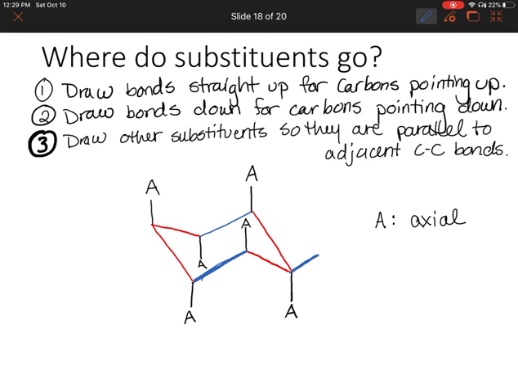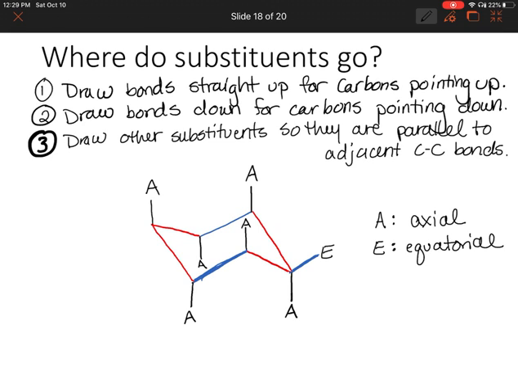And I'm going to label this as E. And E stands for equatorial. So if you have a substituent at an angle like that, or really at any angle, so anything that's not pointing straight up or straight down, we call that an equatorial substituent.